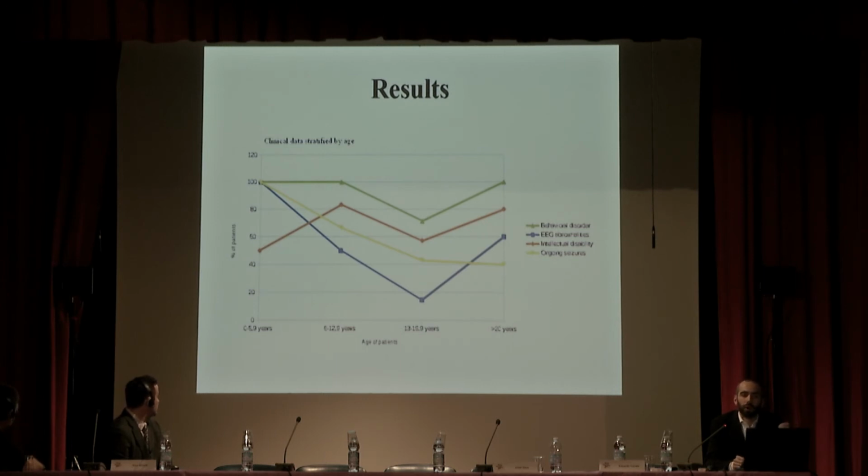We decided to stratify patients by age because symptoms evolve over time and because the age of our patients was very different. The yellow curve indicates the presence of epileptic seizures. We saw the onset 0 to 6, 6 to 13, 13 to 20, and beyond the age of 20.